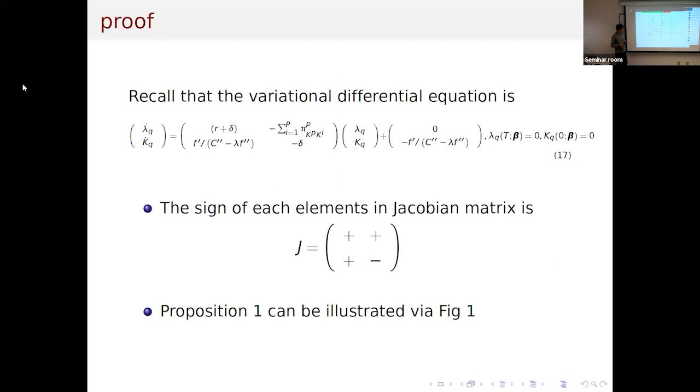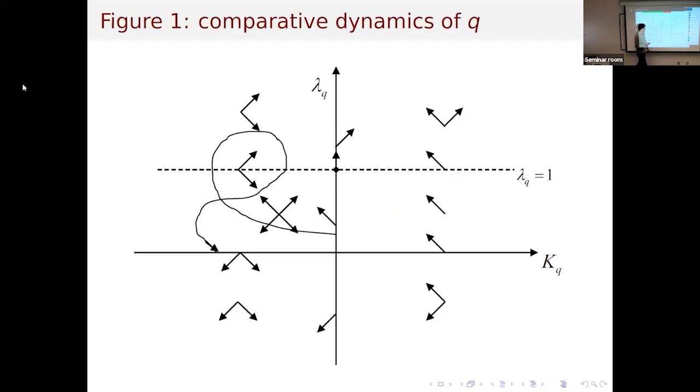Also, the boundary conditions here give us some sense of the starting point and the end point. At the beginning of the game, KQ equals 0, which means the game must start at the vertical axis.